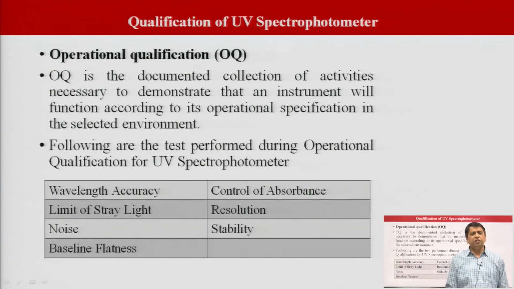Now, the next phase of UV spectrophotometer qualification is the operational qualification. So, OQ is the documented collection of activities necessary to demonstrate that an instrument will function according to its operational specification in the selected environment.